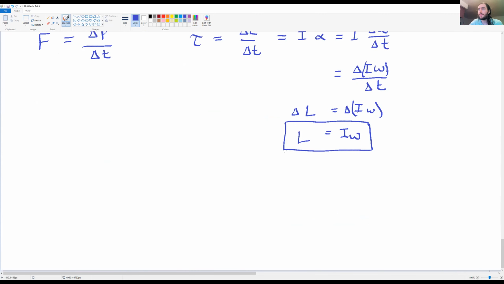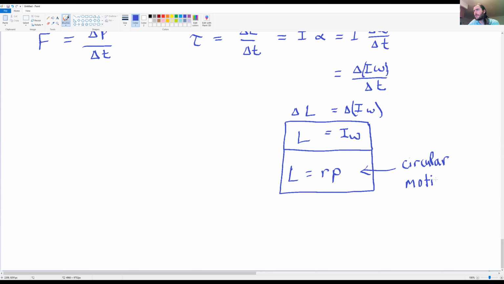One other important formula that I will point out is that the angular momentum can be written as R times P for a situation where we have circular motion.